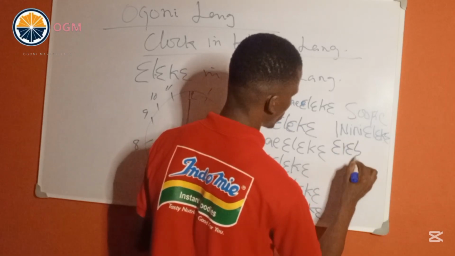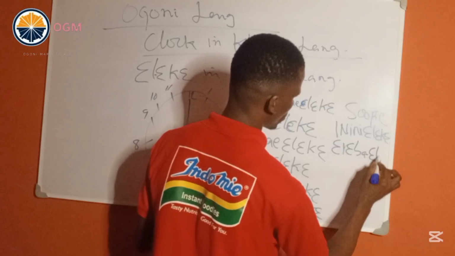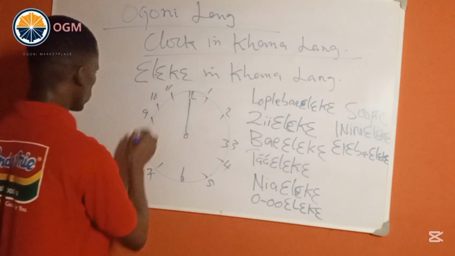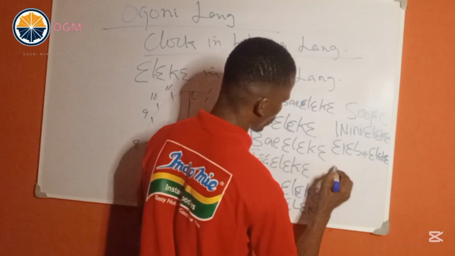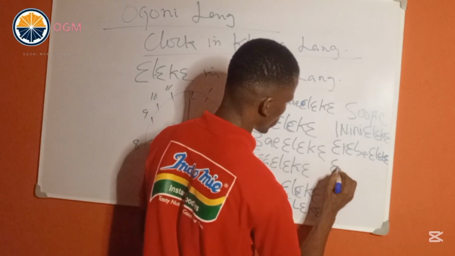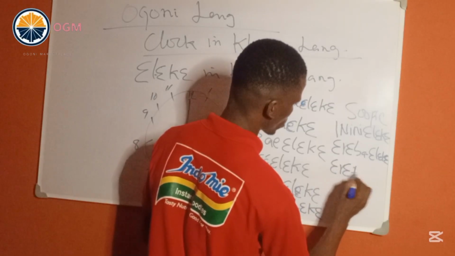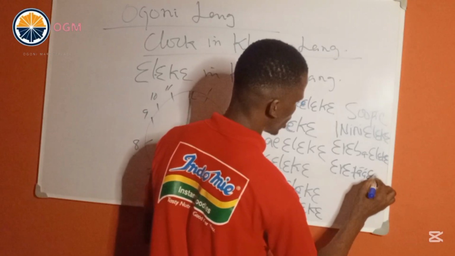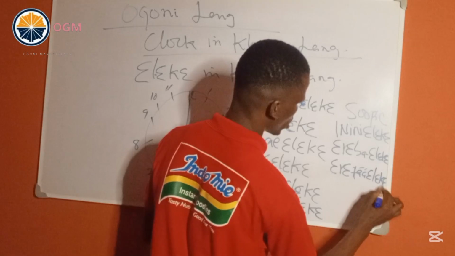You still put the eleke. Then if it is 8 o'clock, this is the spelling of eleta. Still put your eleke, which remains constant.